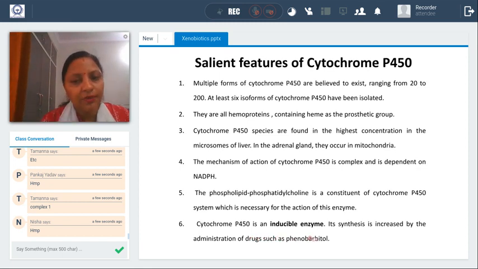Why is it called an inducible enzyme? Because its synthesis is increased by the administration of drugs such as phenobarbital. So it is called an inducible enzyme.